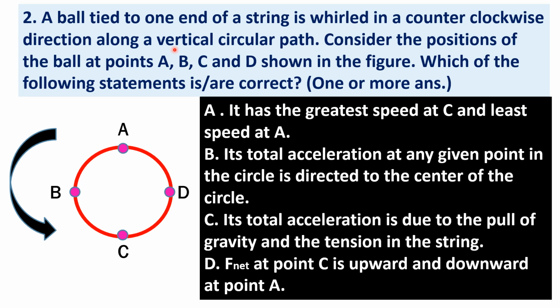In other words, we can use the term uniform circular motion. But here in question number two, the ball tied to one end of a string is whirled in a counterclockwise direction, as shown by this curved arrow, along a vertical circular path.